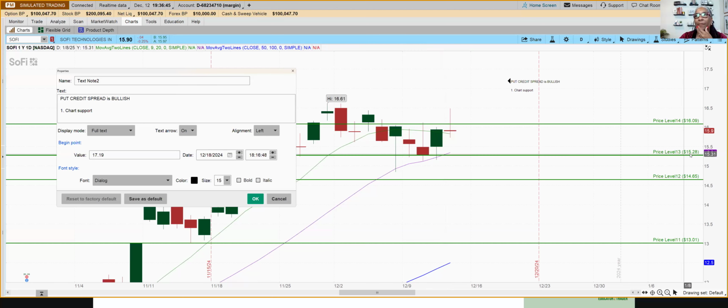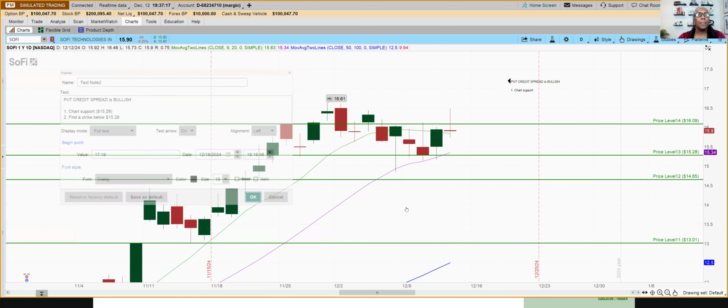So I got support at 15.28, which means we want to find a strike below 15.28.